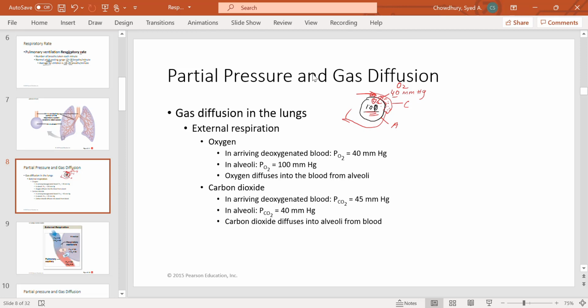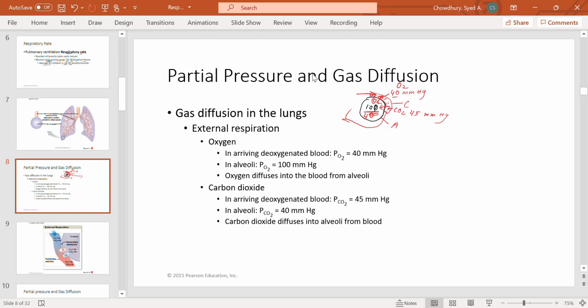Now, I told you that carbon dioxide always moves in the opposite direction. That means carbon dioxide will go from the blood to the alveolus. So the pressure of CO2 should be high inside the blood, right? So CO2 pressure is about 45 millimeter of mercury in the blood, and inside the alveolus it is only 40.